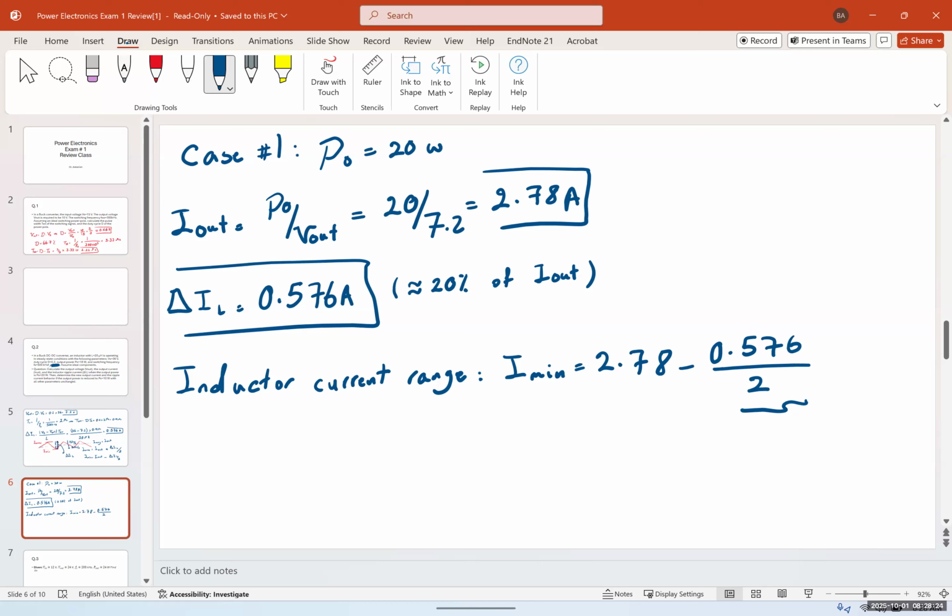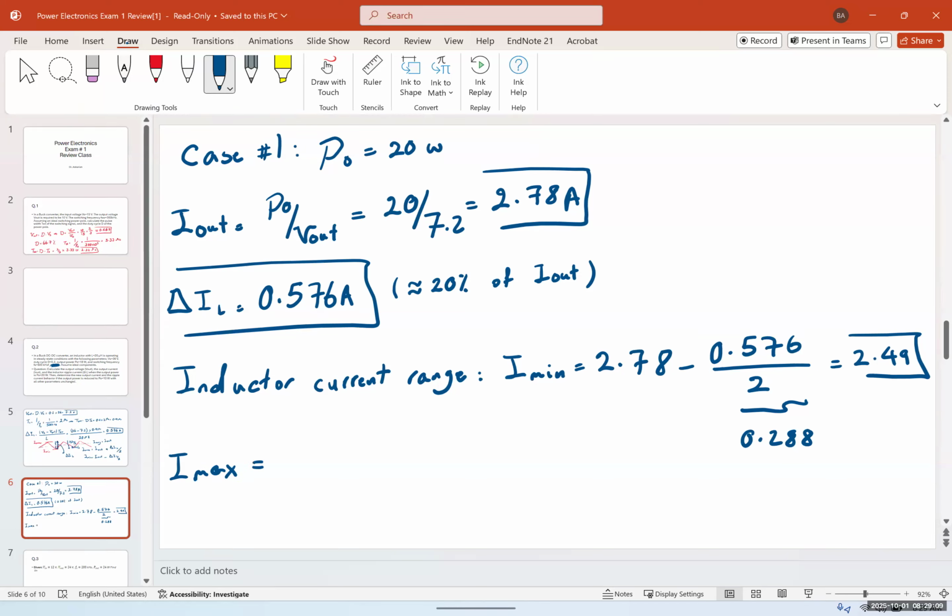So this divided by 2 gives us 0.288, and therefore this would be 2.49. So the minimum current that we're going to get is 2.49. So if in the exam I ask you to find the minimal and the maximum current, this is the way you go. You first find the output voltage, then you find the output current because you have the output power. Then you would calculate the ripple delta IL divided by 2, and then you would subtract that from the output current. You get the minimal current.